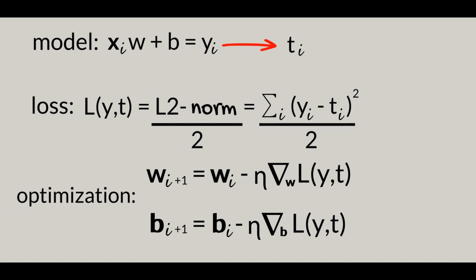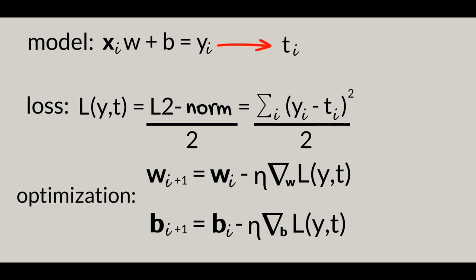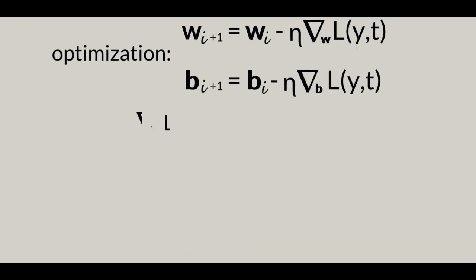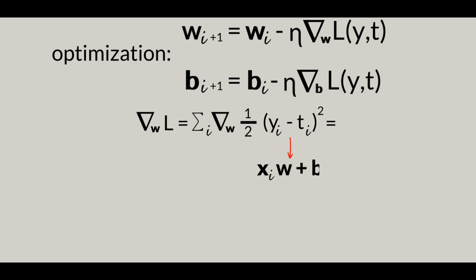Okay. We want to minimize the loss function by varying the weights and the biases. This means we are trying to optimize the loss function regarding W and B. Mathematically, it looks like this. The gradient with respect to W of the loss function is equal to the sum of the gradient of 1/2 times yi minus ti squared with respect to W. From the linear model, yi is equal to xi times W plus the bias where W and x are matrices, and this is why we've applied bold formatting.